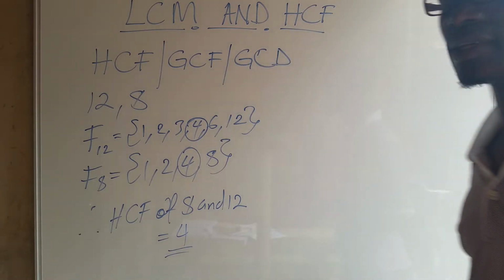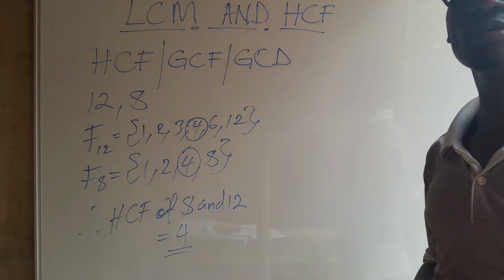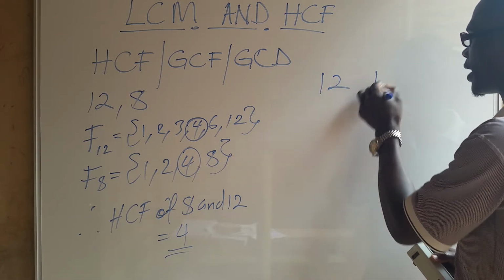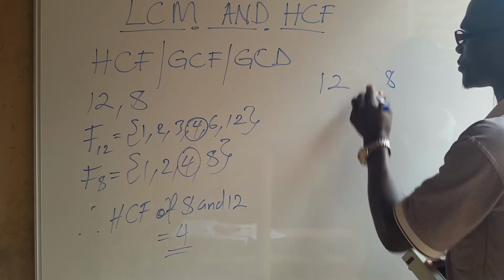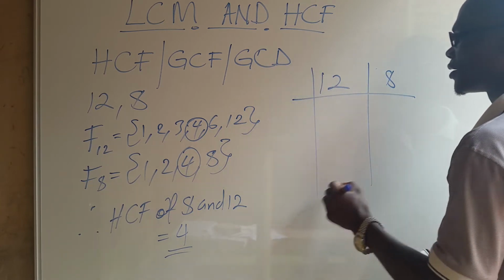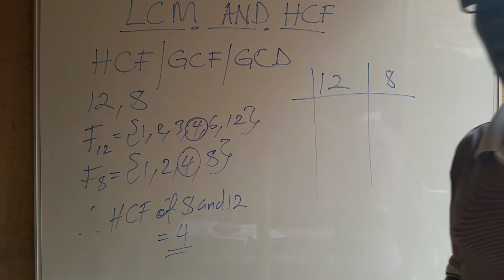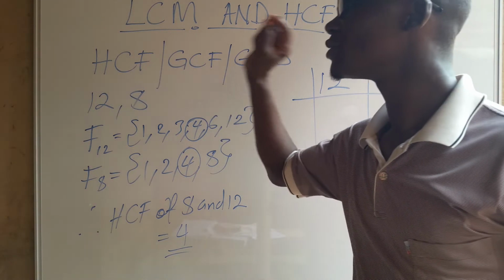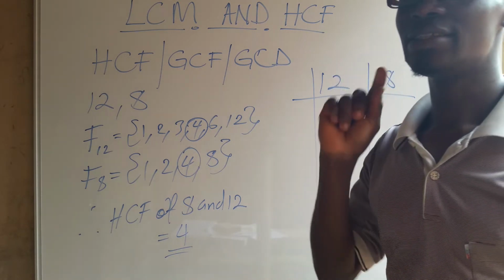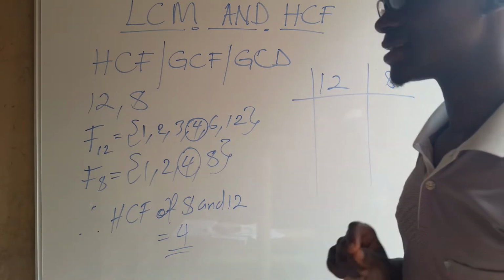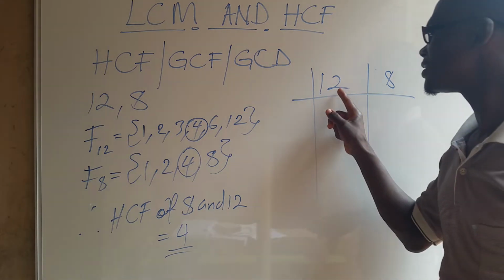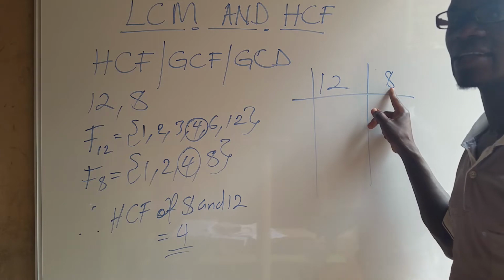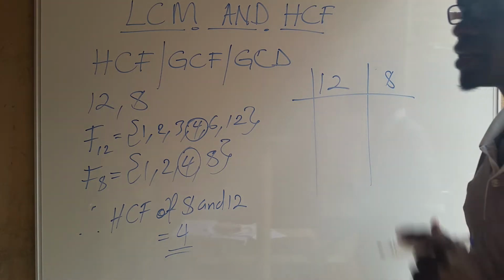That is one method. Or we can also use the ladder method where we have 12 and 8. But when using the ladder method, please take note, for HCF, we are only using common factors that can divide 12 and 8 at the same time and leave no remainder.